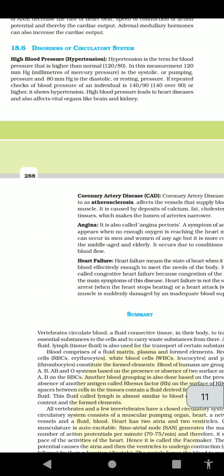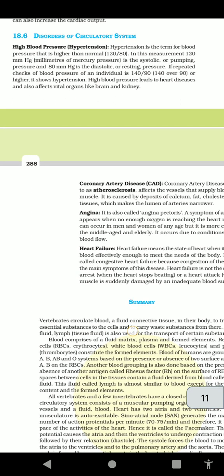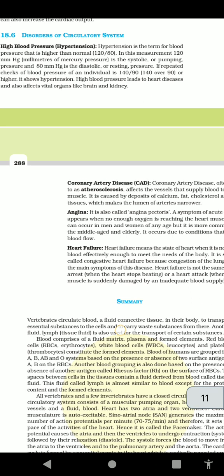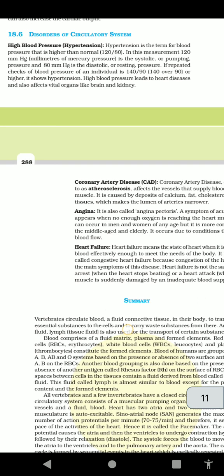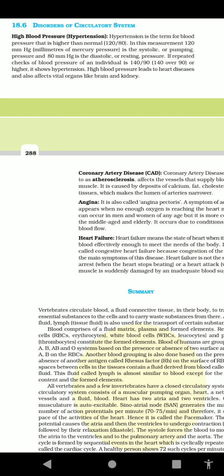Disorders of the circulatory system. High blood pressure is known as hypertension. Hypertension is the term for blood pressure that is higher than normal, 120 over 80, measured in mmHg, millimeters of mercury pressure. 120 is the systolic or pumping pressure, and 80 mmHg is the diastolic or resting pressure.